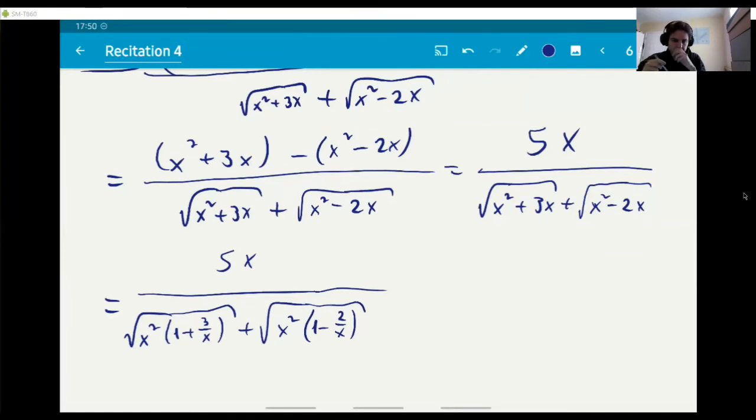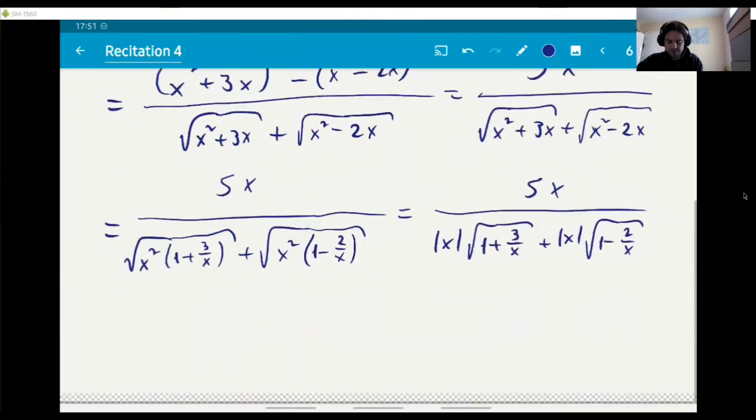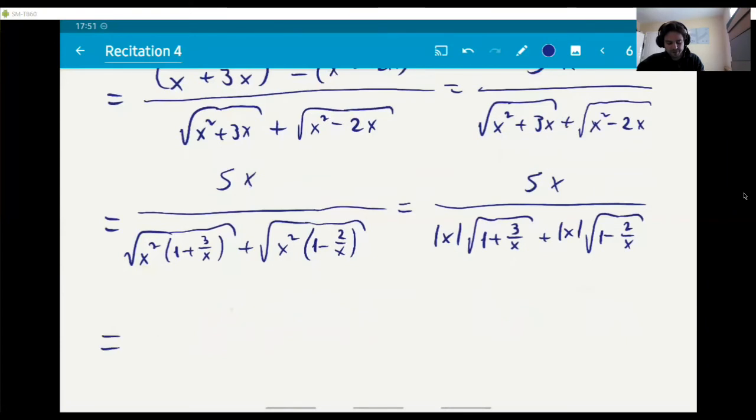They are the same now. I mean, the expression that I got here is the same as I had. And now I'm going to take the x squared from the square roots outside of them. Once again, remember, the square root of x squared is absolute value of x. But this time, because we're taking x to plus infinity in this problem, absolute value of x is just x itself.